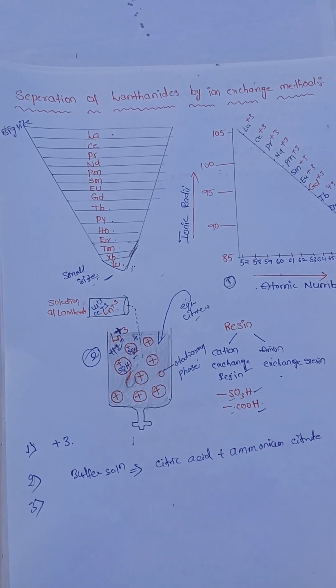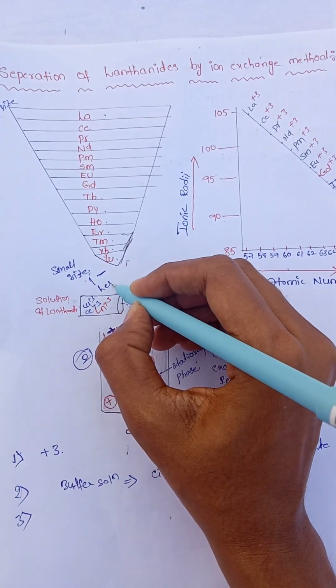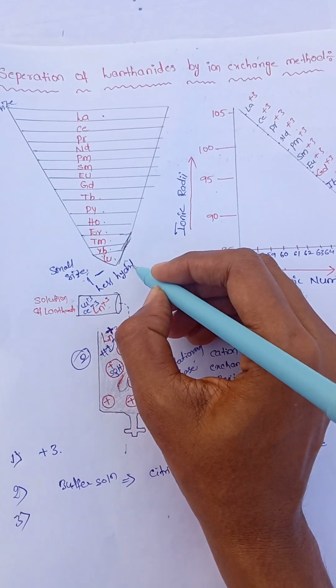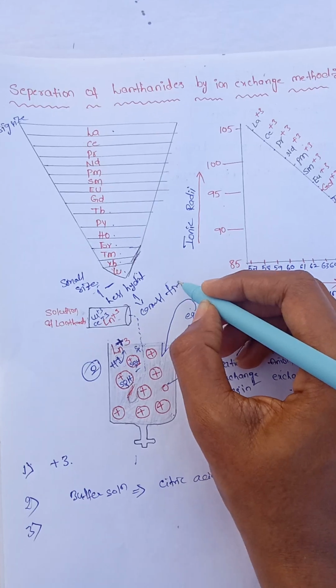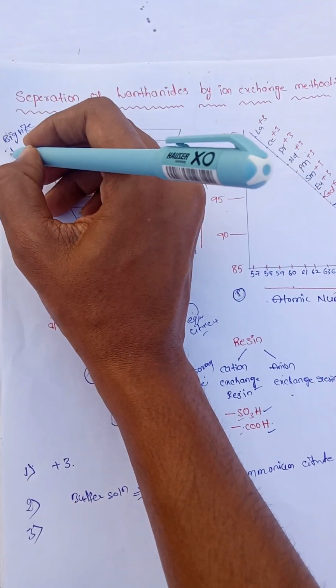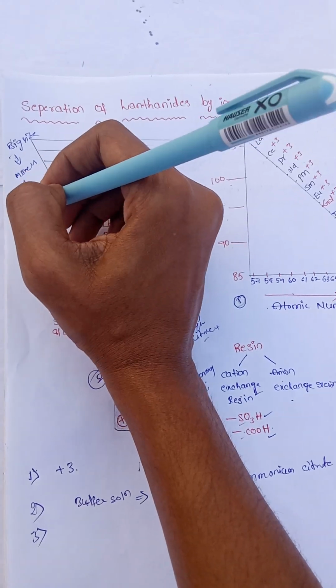Small size means less hydration, and it comes first. Big size means more hydration, and it comes last.